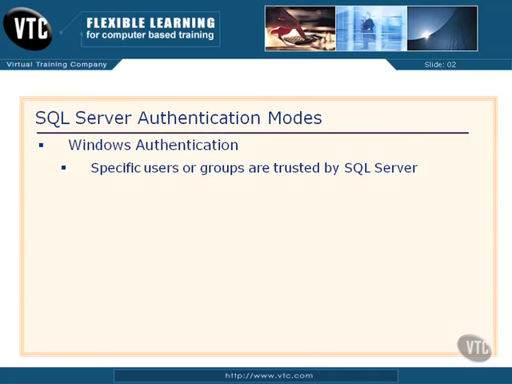Now, in Windows Authentication, we're actually going to, first of all, set SQL Server in Windows Authentication mode, and then we actually, through SQL Server, go out there and just choose specific users, and the best way to do this, the Microsoft recommended way, is to point to your Windows groups, and you're basically going to trust them. You're going to mark them as trusted by SQL Server.